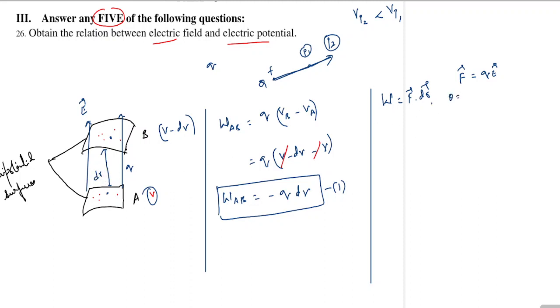Therefore, the angle theta becomes 0. So the work done to move from surface A to surface B would be F, which is Q into E, into dr. Let's call this equation 2. So this is the work done to move from point A to point B.